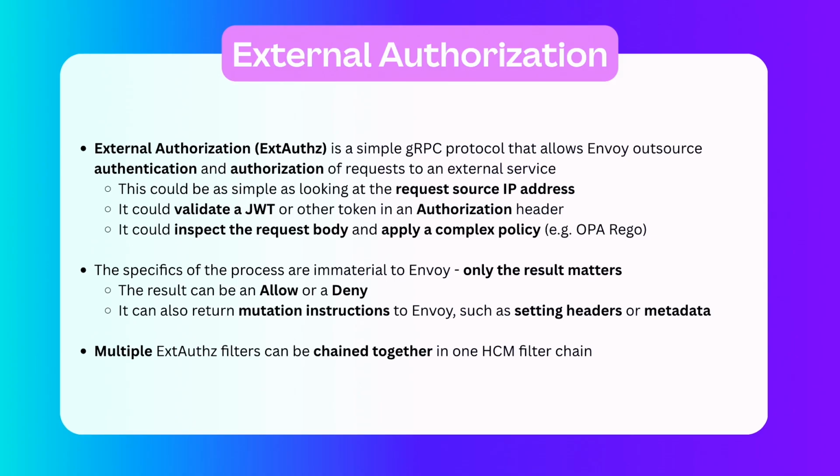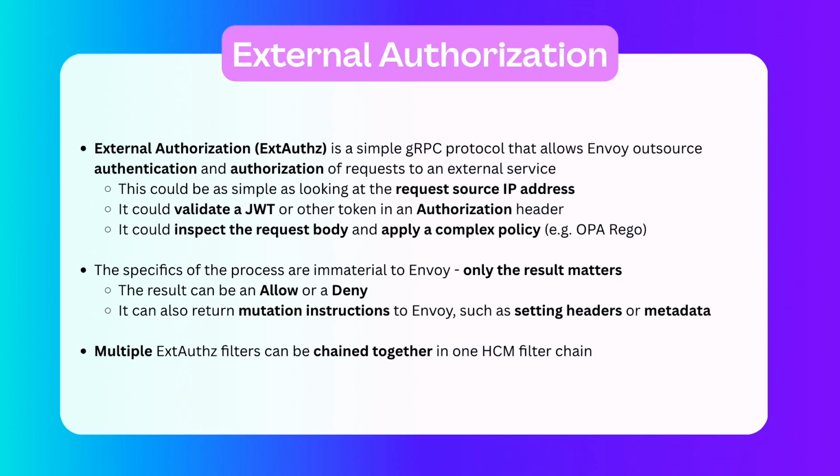That could be inspecting a JWT, doing some validation there, or some other piece of data in an authorization header. It could be inspecting the whole request body and applying some sort of complex policy, like evaluating an OPA policy. It's really up to you. Whatever you can dream of and can execute within a reasonable time, you can do.